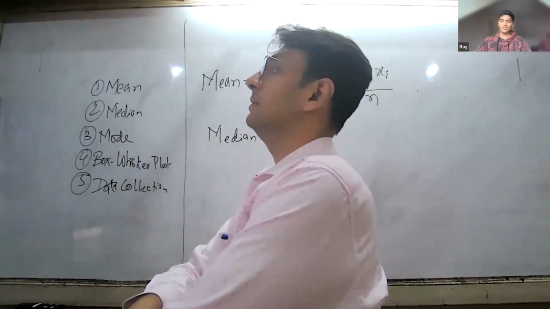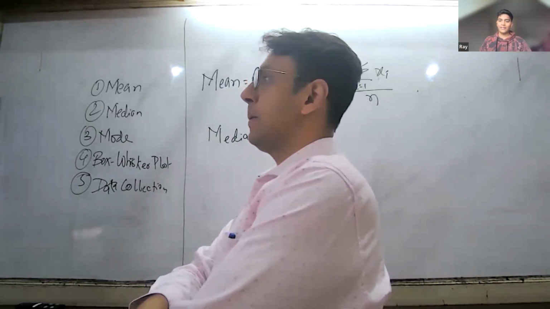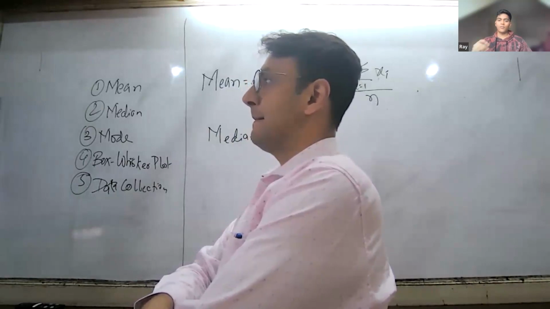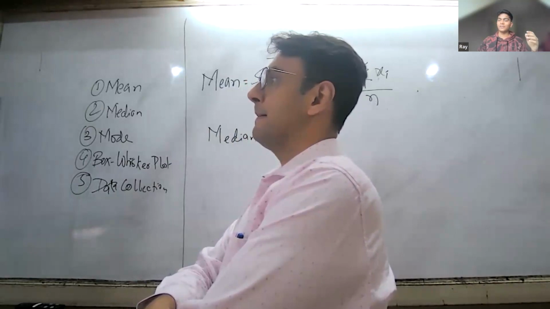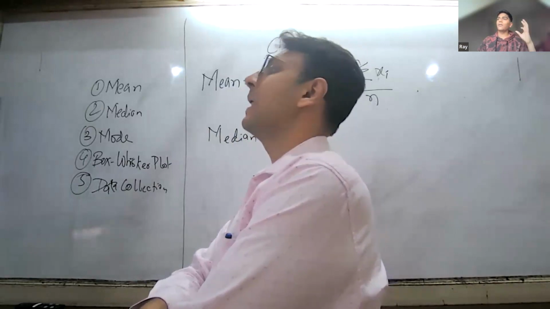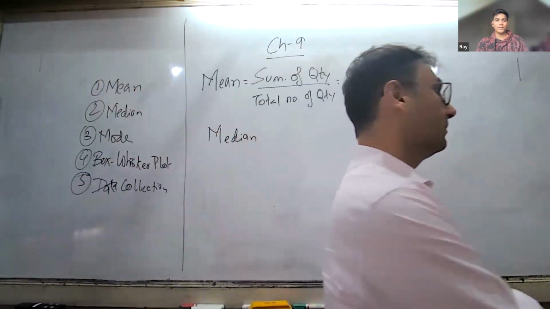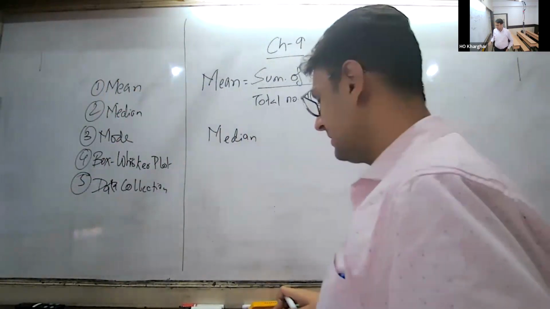I don't know how you guys do it. Imagine you have 20 people, you divide it by 2, that's 10, and then you go to the 10th person on the list and select that. But you have those lists like 10 is less than or equal to t, which is less than or equal to 11, something like that. Then you try to find the cumulative frequency, and then you do interpolation.